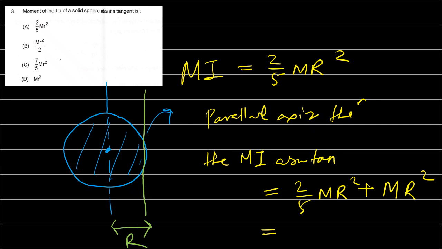Then the value becomes 7 by 5 mr square. This is the answer.